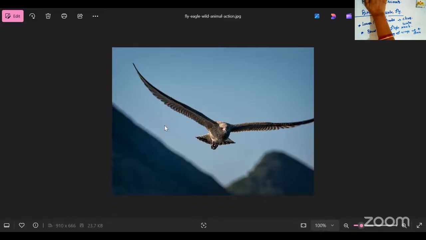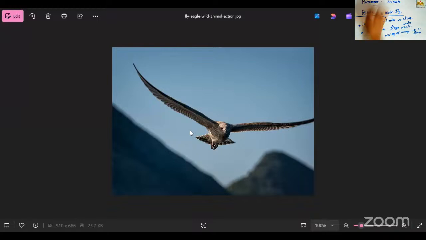The tail is spread in this place. So this kind of action is called gliding. In this movement, the bird uses the air currents for going up and down. In this way, the bird moves in an up and down action.